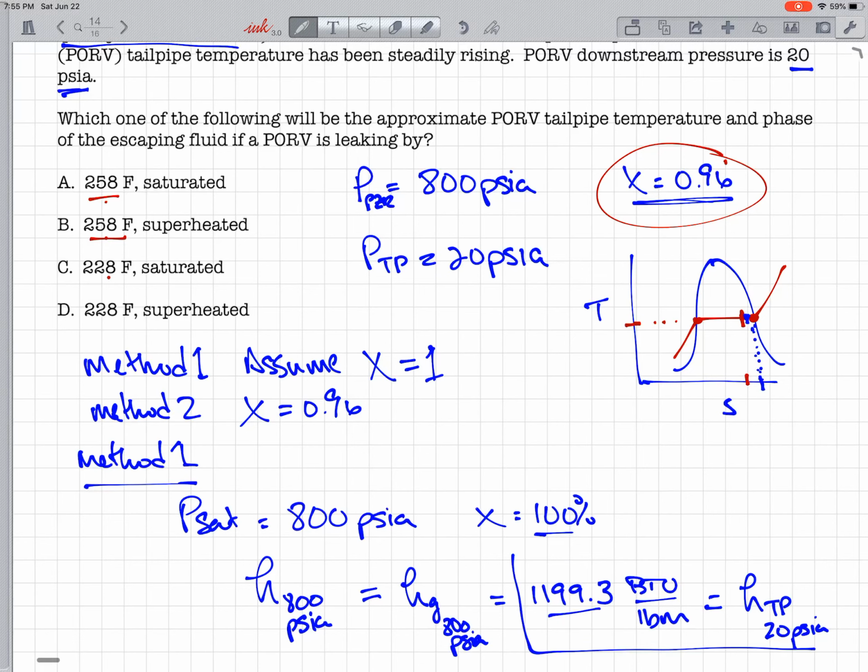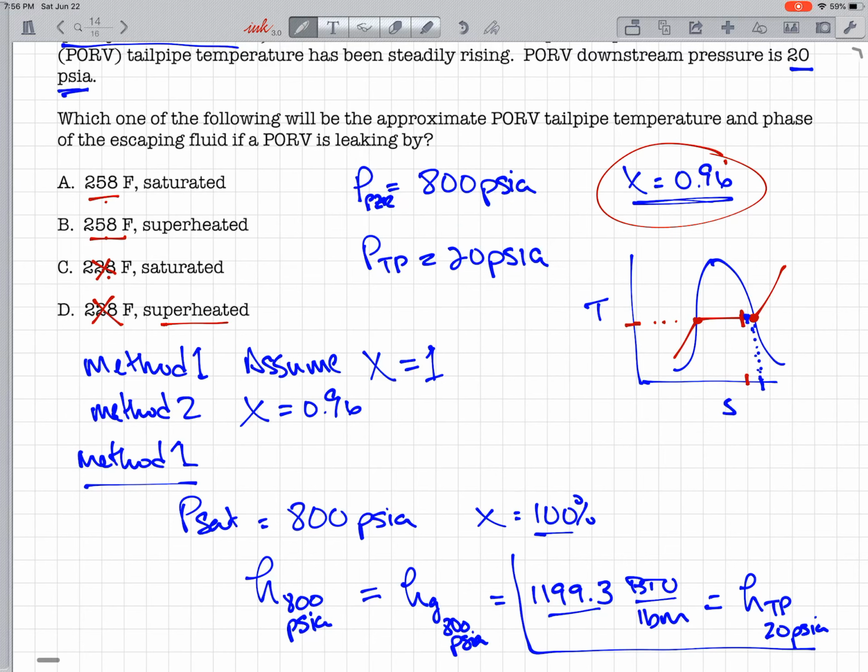I'm definitely not at 228 because at 20 pounds, the saturation pressure temperature is 227.92 degrees. Can't be at 228 and superheated to any very good degree. That should have told me first off.